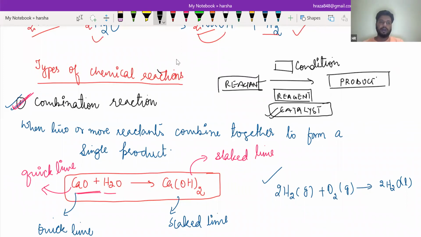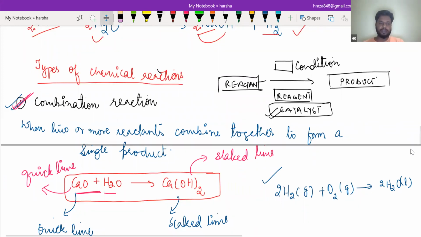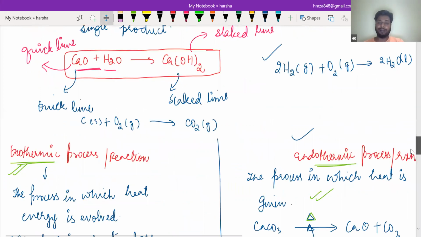And I had given you some examples of this, like formation of slaked lime: CaO, quick lime, plus H2O gives calcium hydroxide.